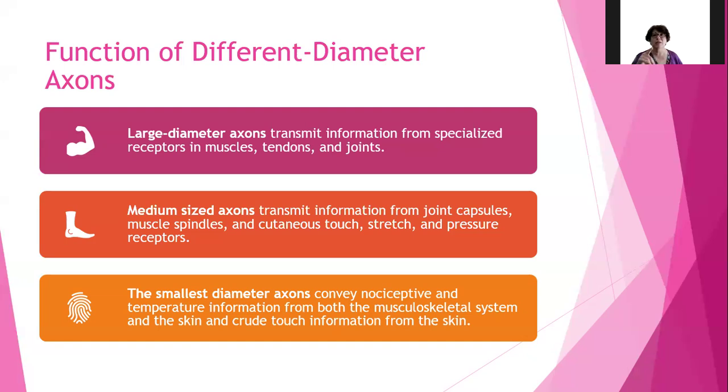And those also include A betas and A deltas. The smallest diameter axons convey nociceptive and temperature information from both the musculoskeletal system and the skin, and crude touch information from the skin. So lots of different information going on lots of different axons.